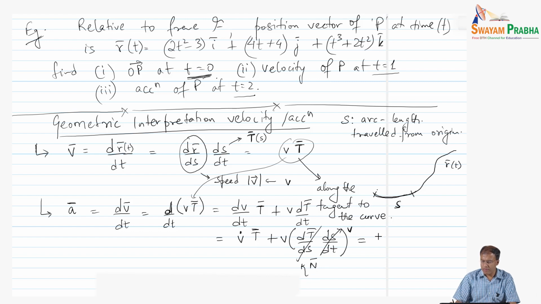So finally we have a = v dot T plus kappa v squared N. The two components of the acceleration are the change of speed, which acts along the tangential direction, so this is the tangential component, and the second is the normal component, which acts normal to the curve.